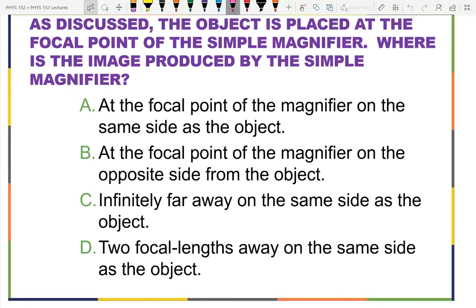Okay, waiting on Brandon. All right. We had no majority on this. So turn to your neighbor and talk about this. Where is the image going to be formed if the object is at the focal point of the lens?